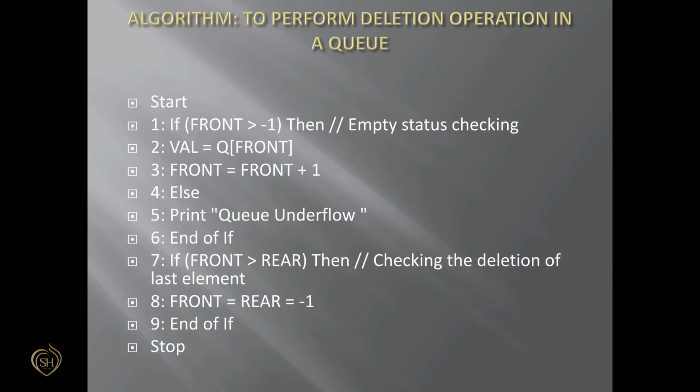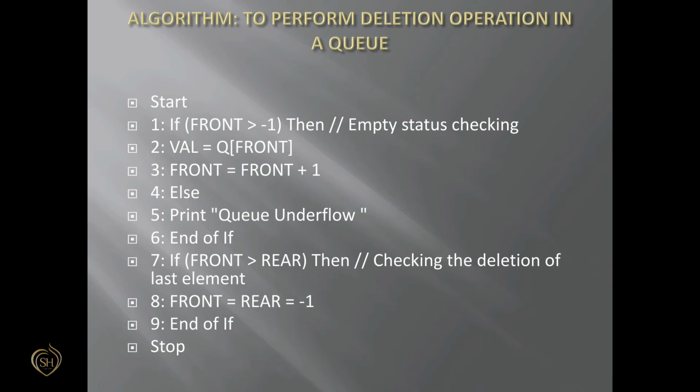Then the algorithm for deletion. Here we check whether front is greater than -1. If front is greater than -1, then value = Q[front]. We delete the value from the front and front becomes front + 1. Otherwise, underflow occurs.